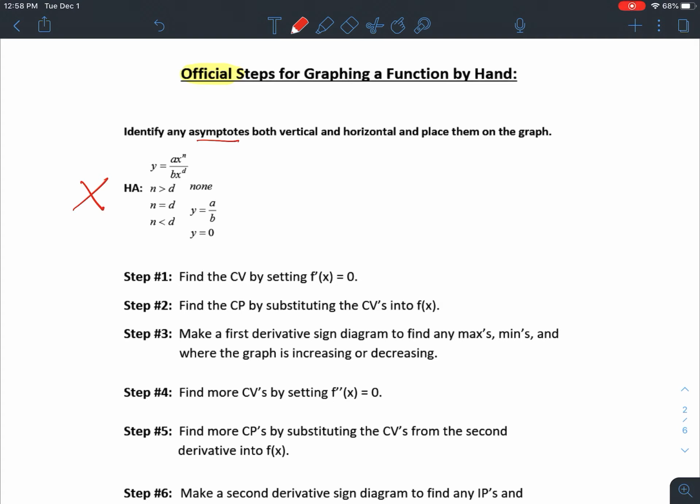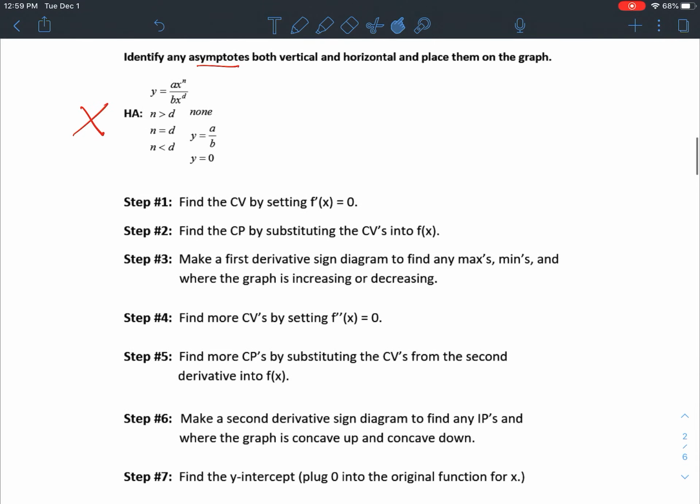We're just going to begin with step number 1, which is to find the critical values by setting the first derivative equal to 0. These steps might be in a different order than on the other page, but you're going to notice steps 1, 2, and 3 are mirrored in steps 4, 5, and 6 for the second derivative.